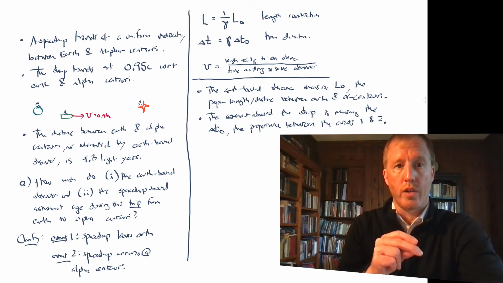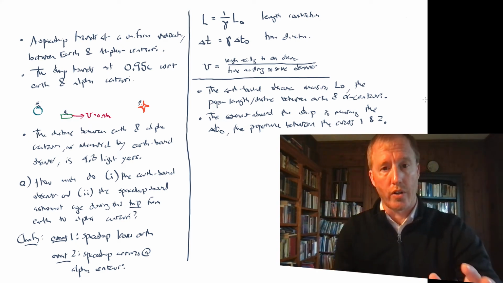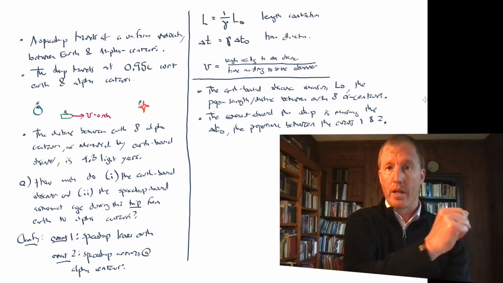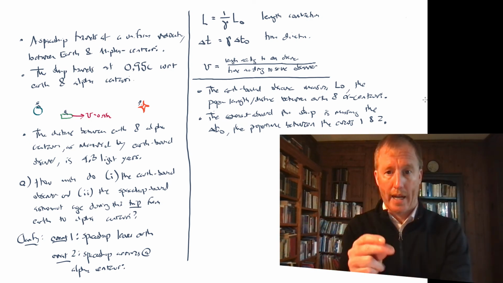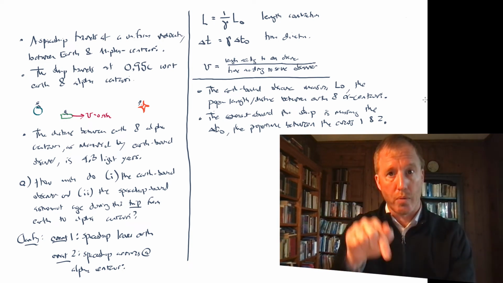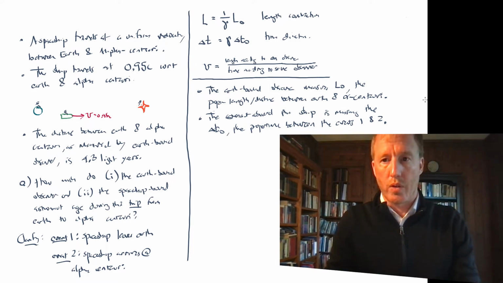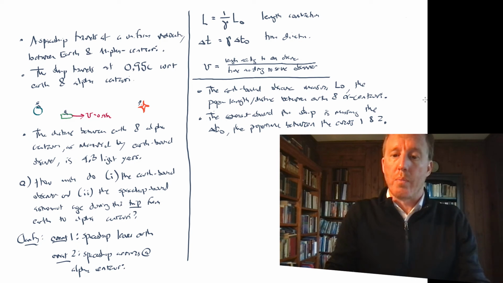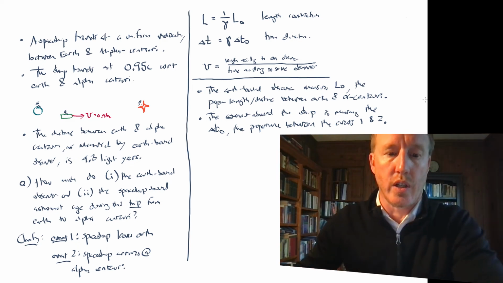They're when the astronaut leaves Earth and when the astronaut arrives at Alpha Centauri. The people on the Earth and Alpha Centauri would say those two events happen at different locations. Whereas the person on the spaceship sees Earth pass, that's a certain place in his coordinate system, that's one event, and then the Earth flies off, and then Alpha Centauri arrives at him, that's a second event. Those are both happening at the exact same location in his coordinate system, so the astronaut aboard the ship would be measuring delta t naught. Okay, so once again, we have this situation where one set of observers is measuring L naught, and the other observer or set of observers is measuring delta t naught.